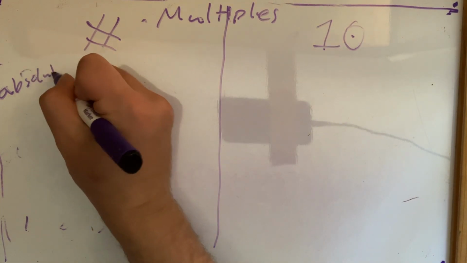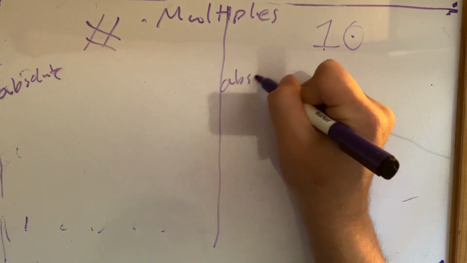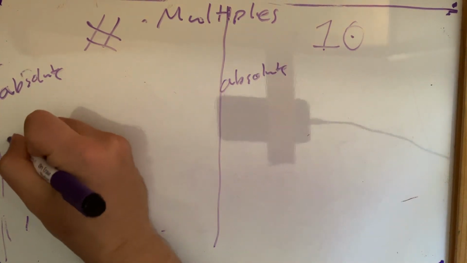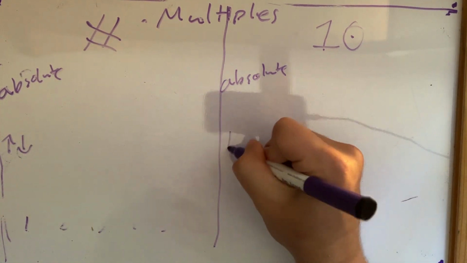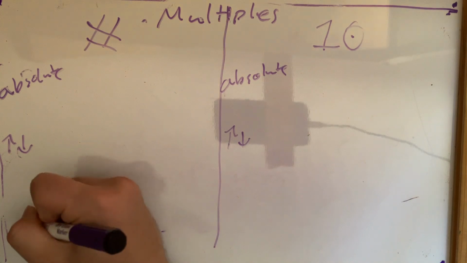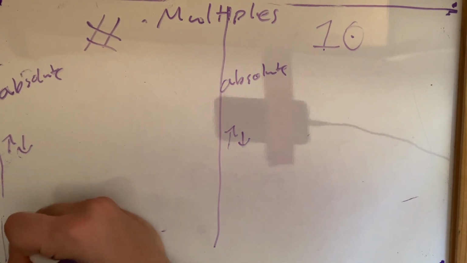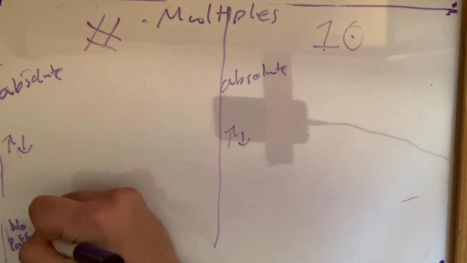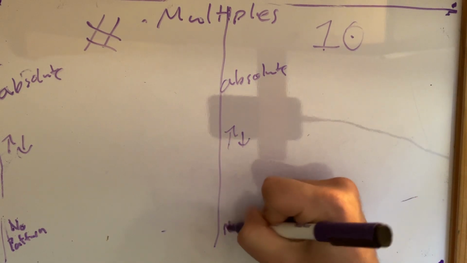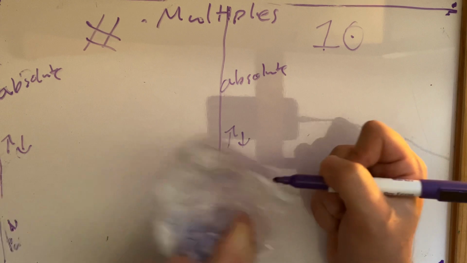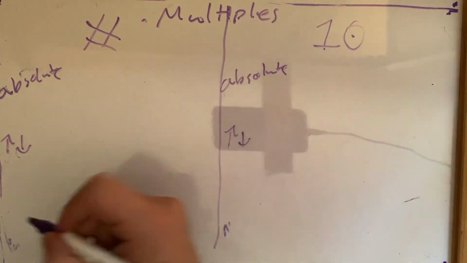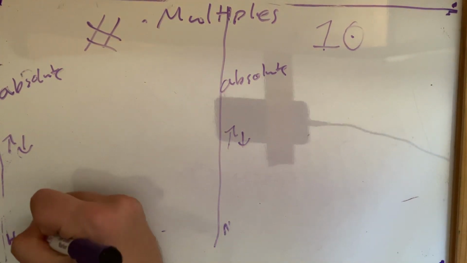Absolute, up, down, and no pattern. Or actually, hard pattern. Let's do that one. Hard.